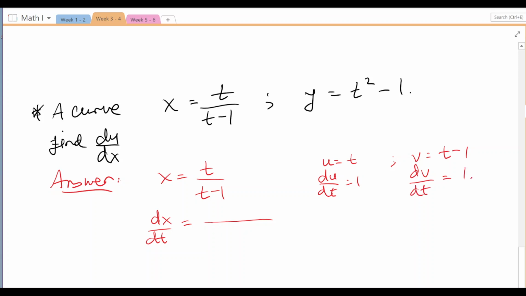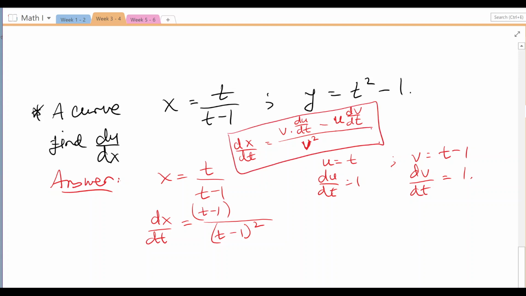The denominator in the quotient rule is v squared, which is t minus 1 squared. Let me just write down the formula, if you know it. dx over dt equals v times du dt minus u times dv dt, all over v squared.